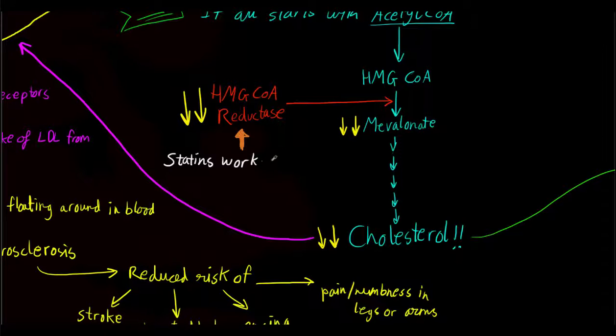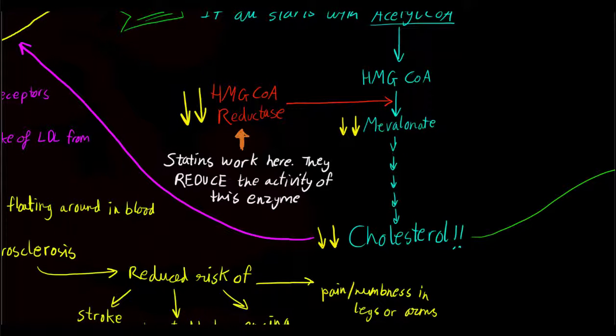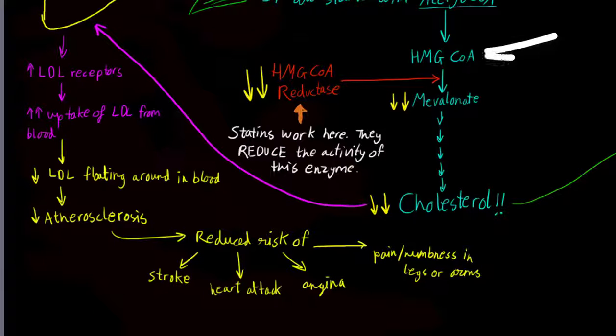Statins work on HMG-CoA reductase. They work on this enzyme. And they reduce the activity of this enzyme, so they make it, well, not work as well. And as a result, HMG-CoA is less likely to be converted into mevalonate. Levels of mevalonate go down, so cholesterol goes down.